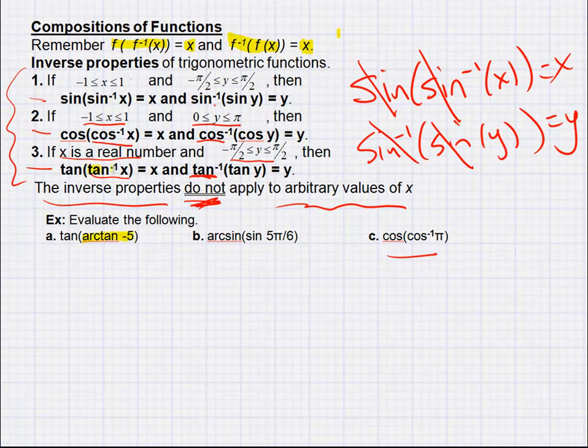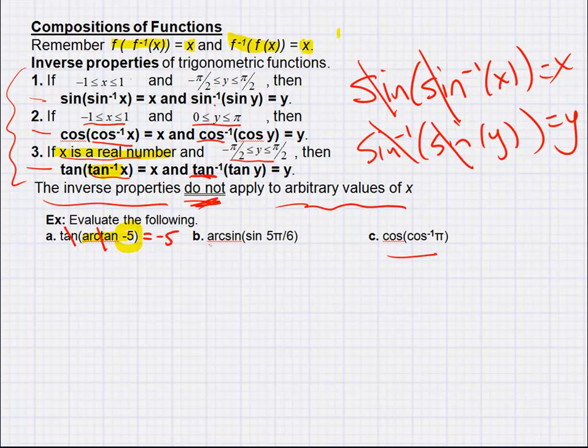If my inverse tangent's on the inside, I have to worry about the domain for the inverse tangent, and that is all real numbers. So as long as this value right here is any real number, which basically means anything, then I can use the property: cancel, cancel, answer is -5. And that's it. That one's very simple. But it's not always going to be that simple.